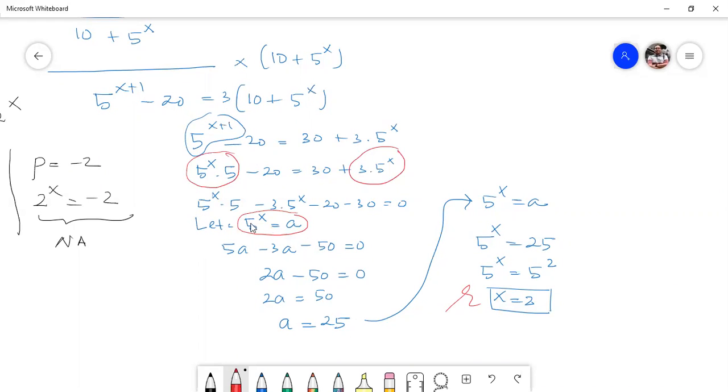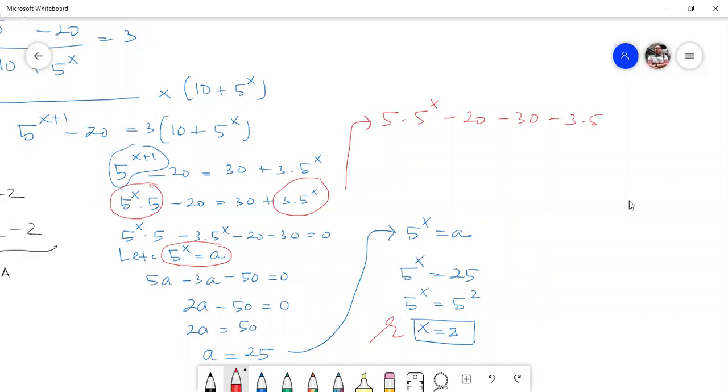It doesn't matter. You can use a direct calculation, for example, 5 times 5 to the power of x minus 20 minus 30 minus 3 times 5 to the power of x, which is 0.